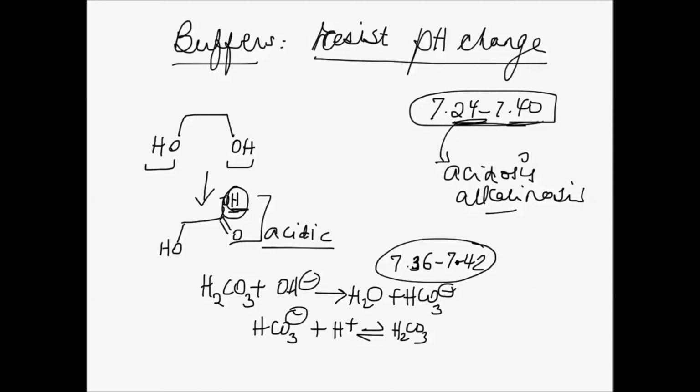Now, like I was saying, if the concentration of glycolic acid becomes too much, then the blood pH is going to drop dangerously low, and that kind of situation would be called acidosis, and this is going to affect the ability of hemoglobin, for instance, to be able to carry oxygen.